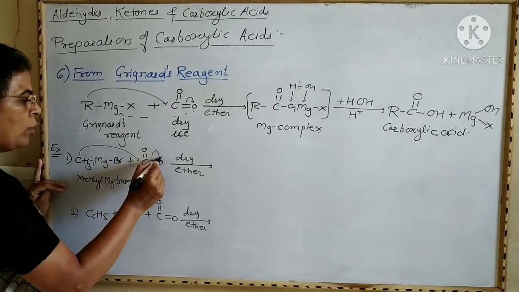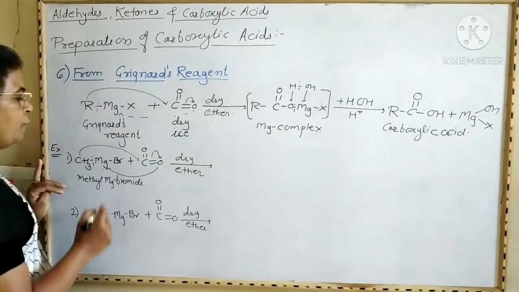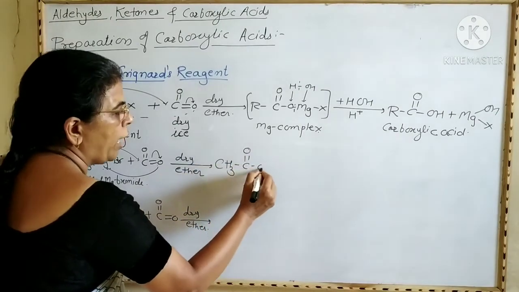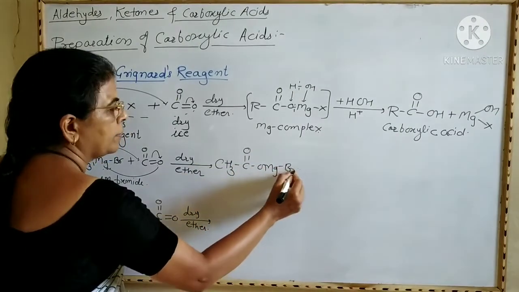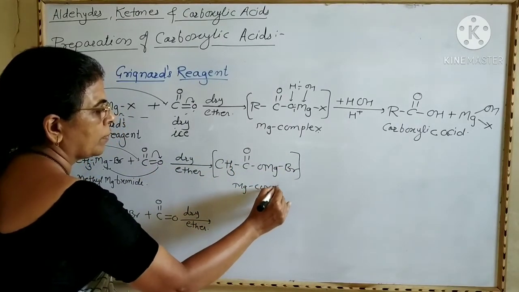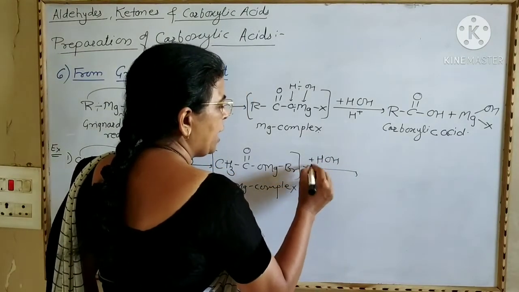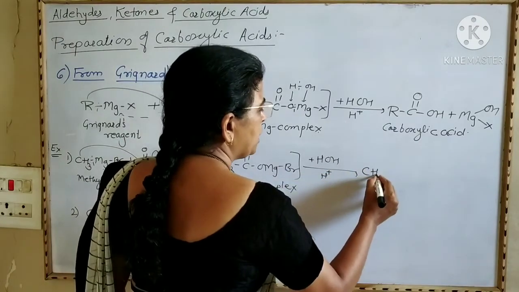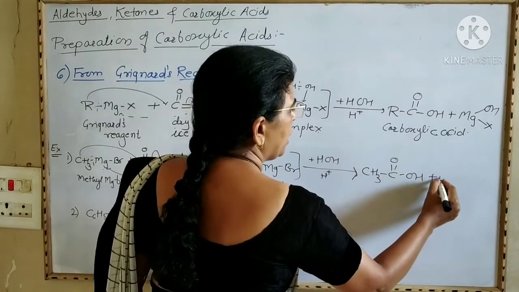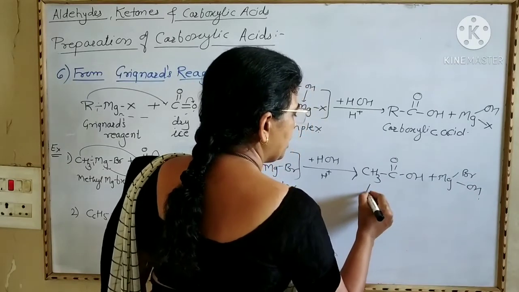Then this bond shifts onto the oxygen atom and this oxygen atom gets attached to magnesium to form the magnesium complex, that is CH3COOMgBr. This magnesium complex then undergoes hydrolysis in acidic medium to form CH3COOH plus MgBr OH. This is acetic acid.